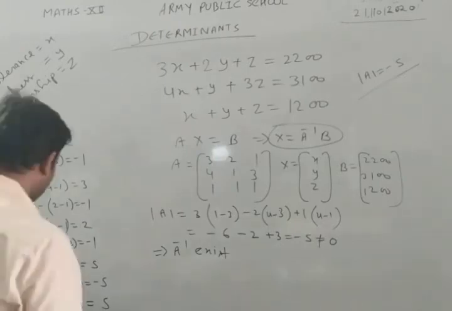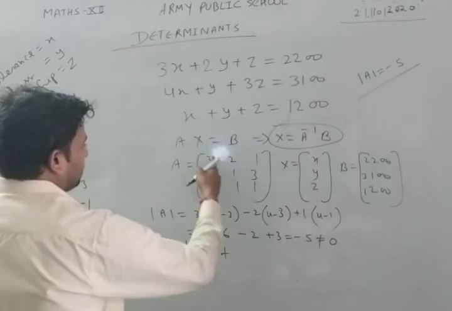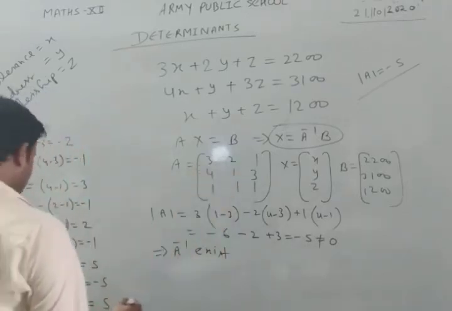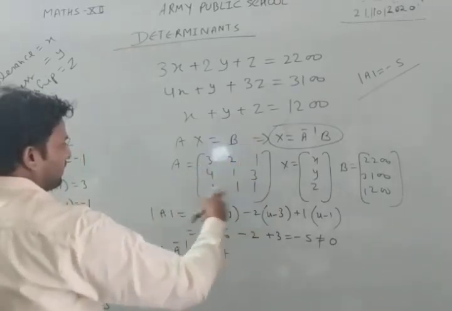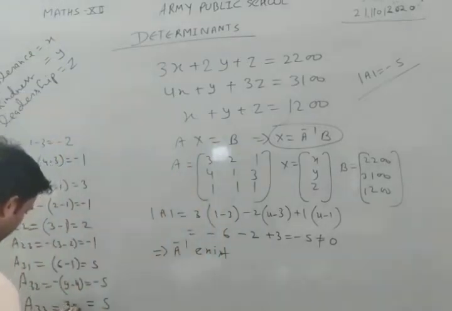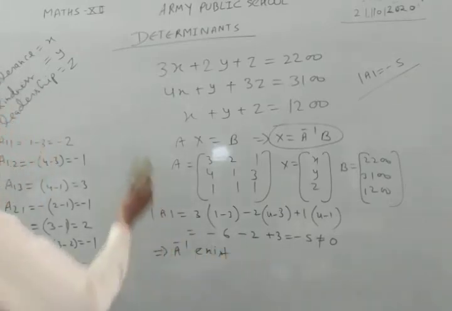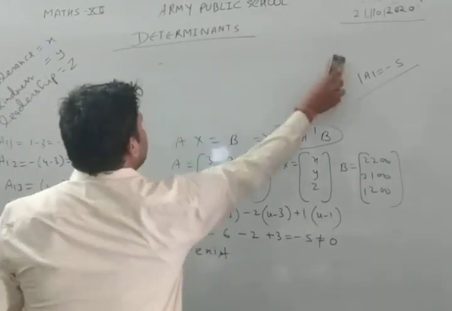Let's check A33, cancelling, 3 minus 8, this is minus 5.